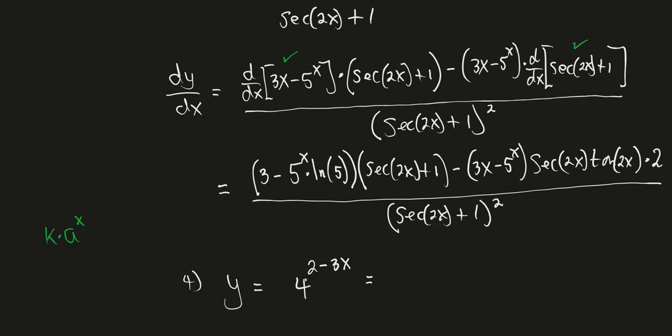I can write 4 to the power 2 minus 3x as 4 squared times 4 to the negative 3x. So this expression can be factored into this form. It has a factor of 4 squared and then another factor of 4 to the negative 3x. What rule am I using there?